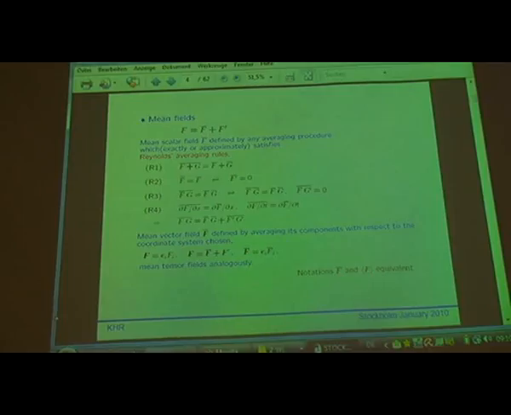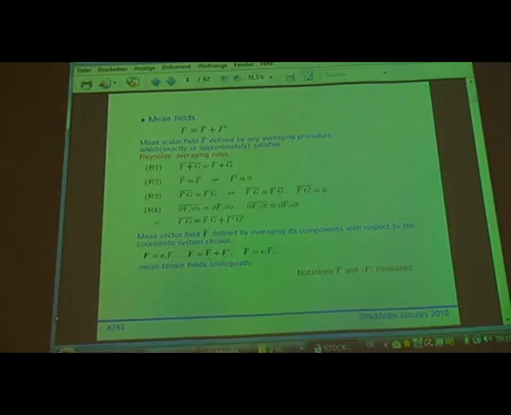I think I should write down these rules again so that you have them for comparison. R1 is: the average of f plus g equals f average plus g average. R2 is: twice averaging is the same as simple average.